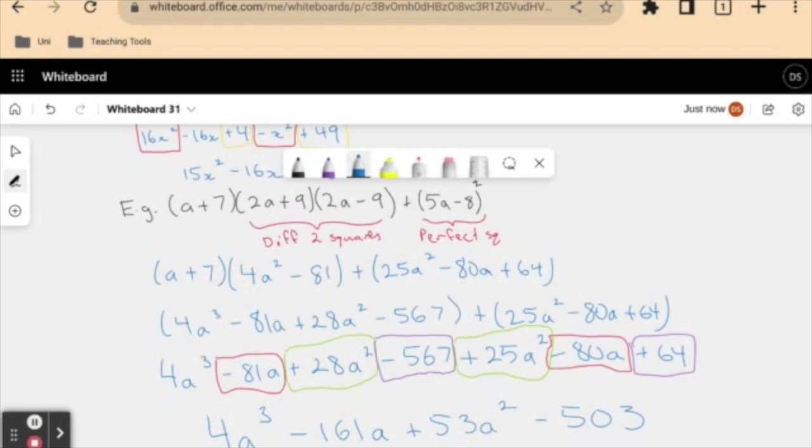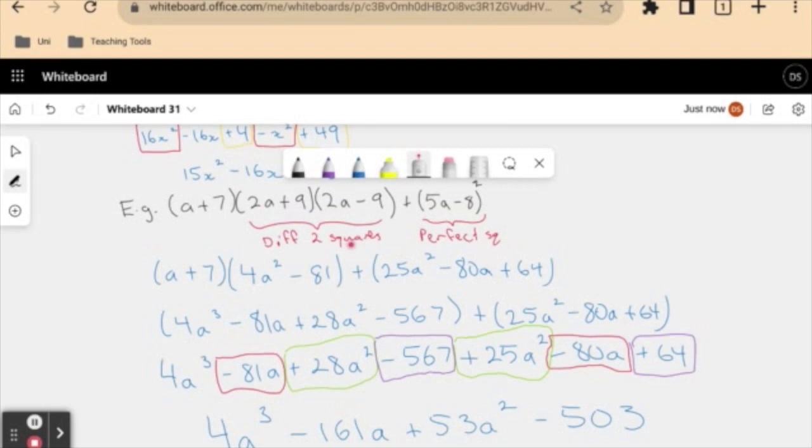But as long as we've combined all of the things we've learned and tackled these things one by one, so you can see in this last question, which was quite difficult, I tackled the difference of two squares first, then I tackled our perfect square, then I tackled my final binomial expansion. Just do these one by one and take your time with them, because there's a lot that can go wrong.